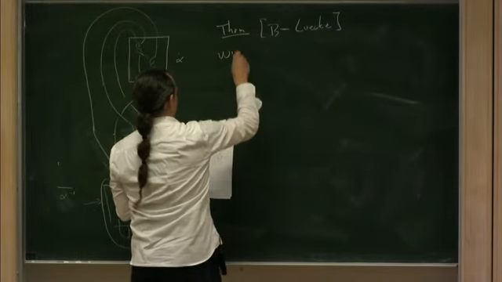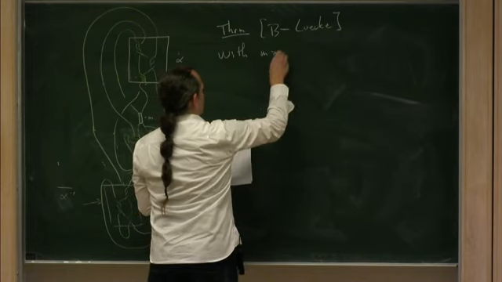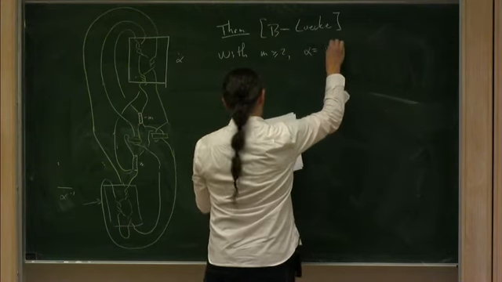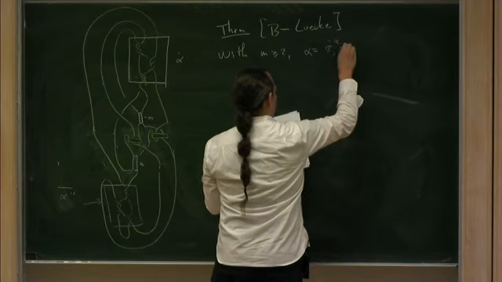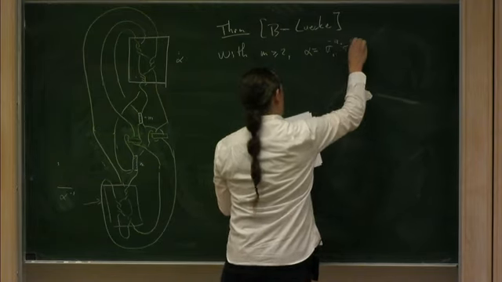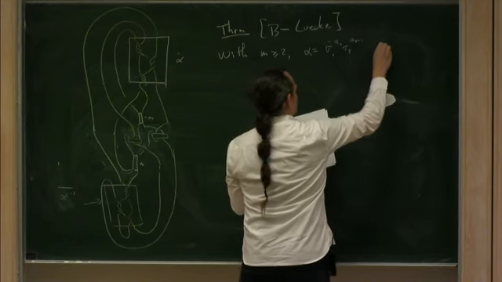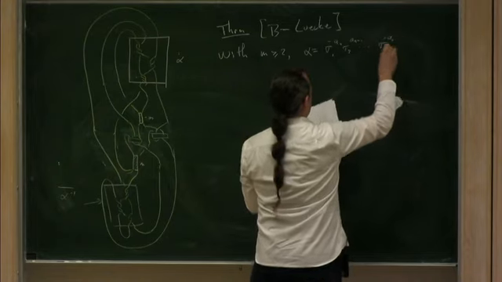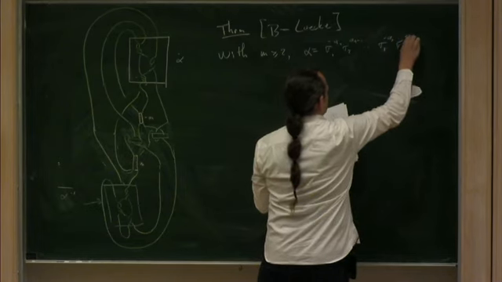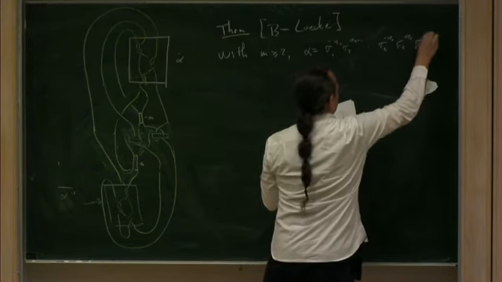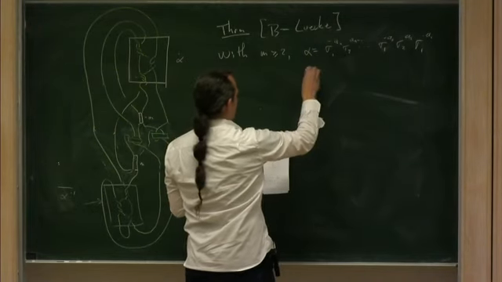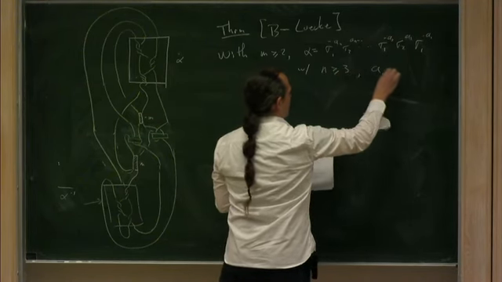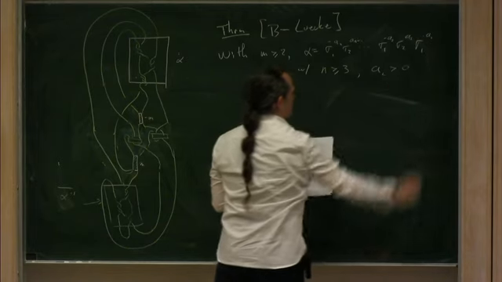So using these things, with m greater than or equal to 2, and if we take alpha to be sigma 1 to the minus a_n, sigma 2 to the a_{n-1}, and so on down to sigma 1 to the minus a_3, sigma 2 to the a_2, sigma 1 to the minus a_1. So if we take this with n at least 3 and the a_i are all positive.